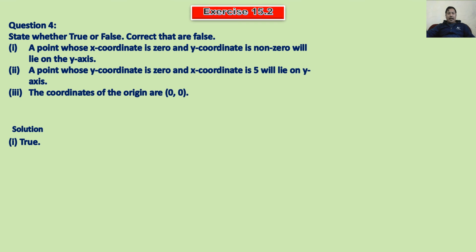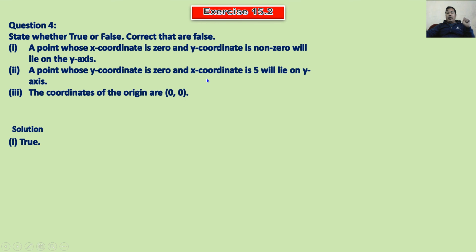Okay, clear. But if y is 0 and x is non-zero, like 5 we have, then this coordinate will fall on the x-axis. The axis where you get non-zero, there only you will get it if the other is 0.